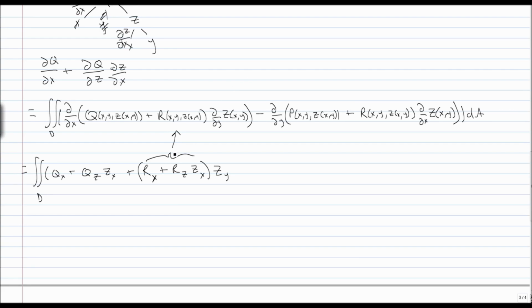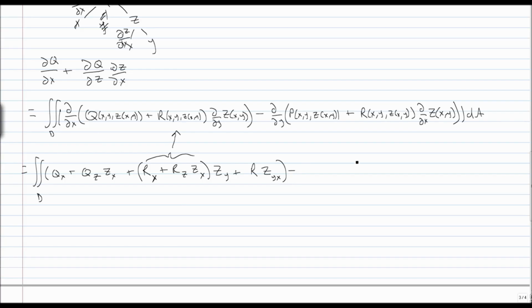And I'm using the product rule, so I find the derivative of this, multiplied by that, and then I add to that the derivative of this, multiplied by this guy. So in this case we just have r times, well, it's already the derivative with respect to y, and now I take the derivative with respect to x. Okay, so there's that term right here.